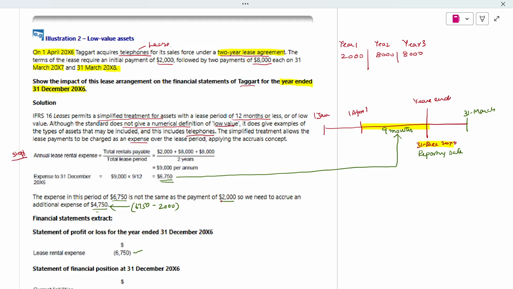Here, by how many have they divided? They have divided by 2 years. How much advance have they paid? They have paid an advance of 2000. This is in 2007 and this is 2008.